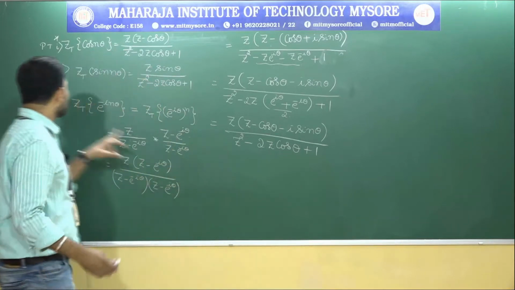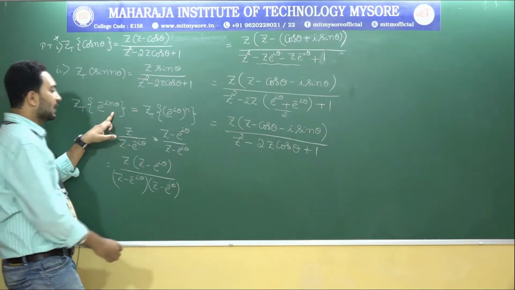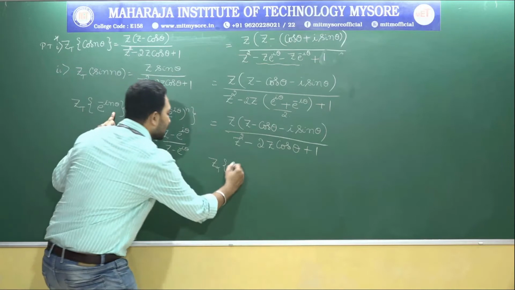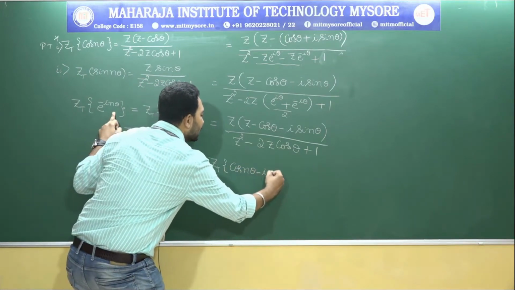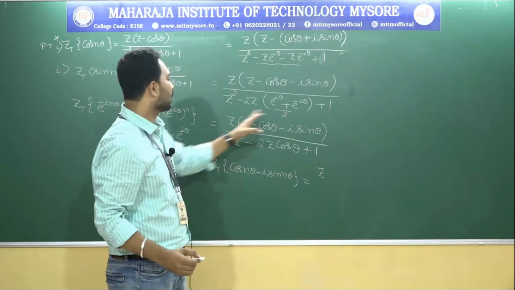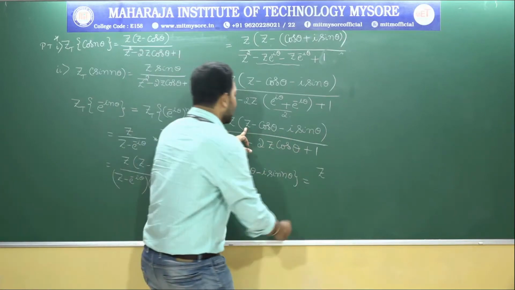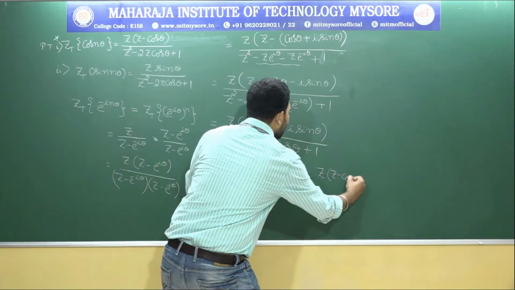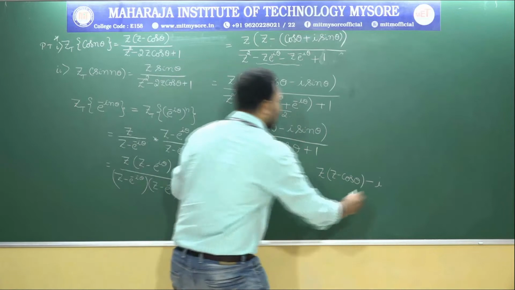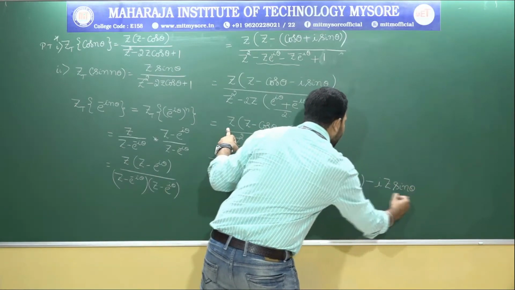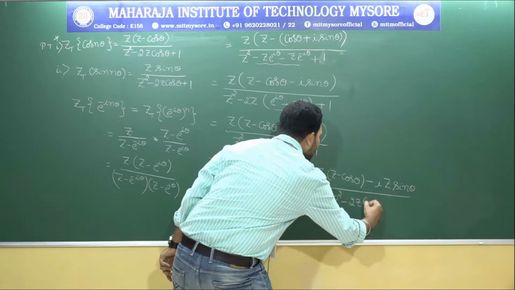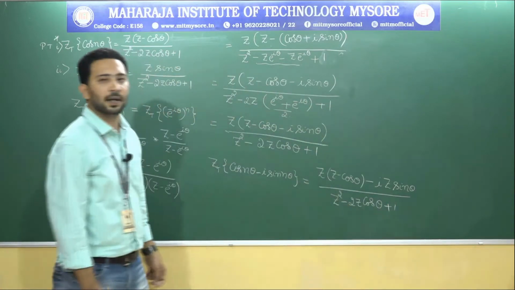On the left side we have the z transformation of e power minus i n theta. I can write this e power minus i n theta as cos n theta minus i sin n theta, which equals this answer. Here, separate the real and imaginary terms. The real term is z into z minus cos theta, and the imaginary term is minus i z sin theta, overall divided by z square minus 2z cos theta plus 1.